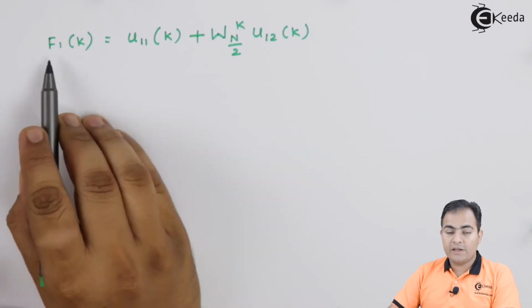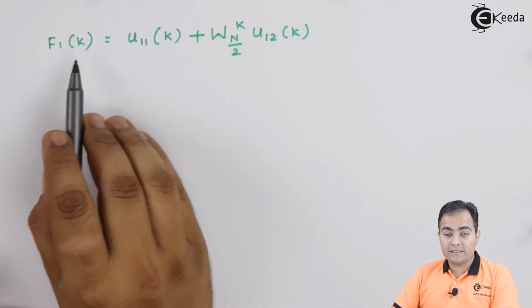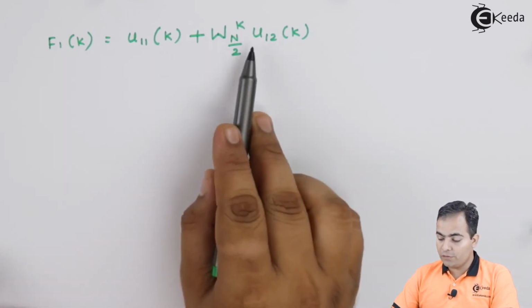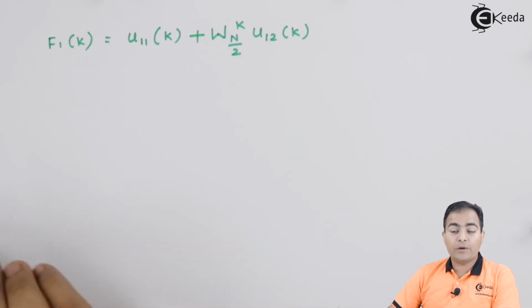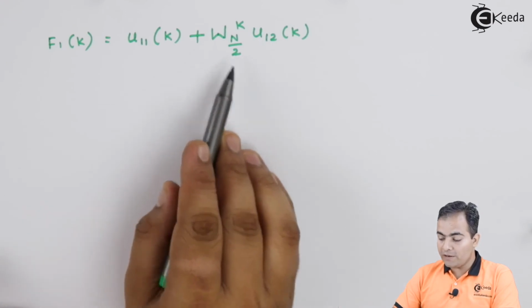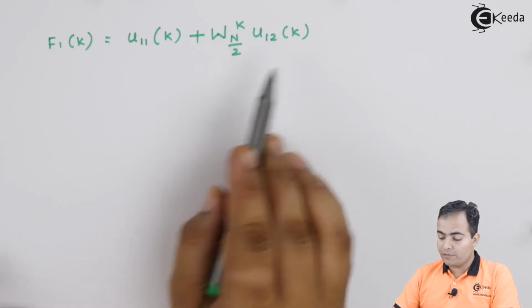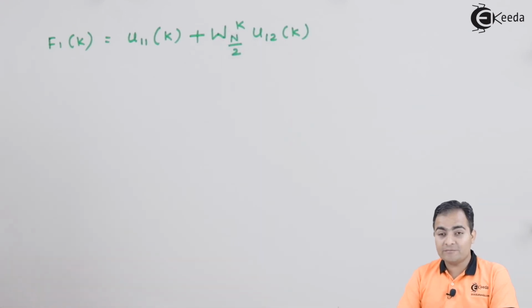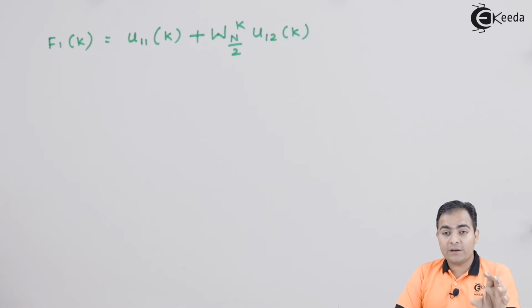Now the DFT: f1 of n is the addition of u11 of n and u12 of n. But if you find the DFT, then the response will be u11 of k plus omega n by 2 to the power k u12 of k. Why have I written n by 2? The first part we calculated, x of k, was for 8 points. But now, in our second half, this 8-point sequence is divided into two parts.